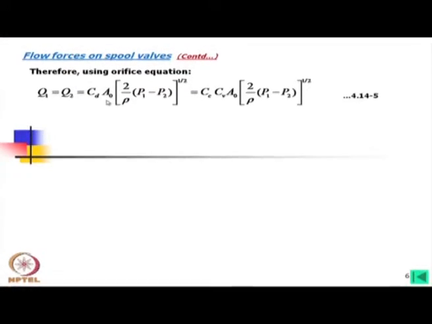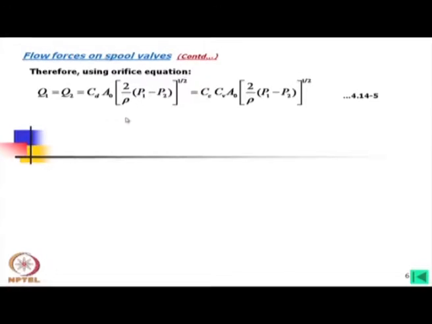Now, what we can write? So, we now use the orifice equation and we can write Q1 is equal to Q2, because this is same. This is the coefficient of discharge into A0, where A0 again I am considering as the area the orifice has opened, then square root of 2 by rho into P1 minus P2.